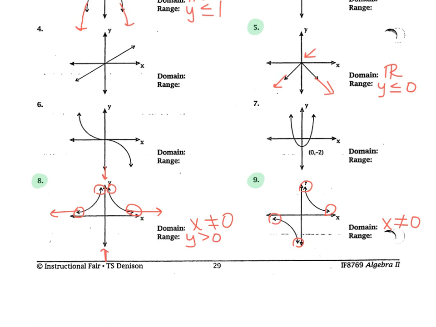Notice here, we've got a branch that's going to keep getting closer and closer to 0. Here we've got a branch that's getting, from a y perspective, closer and closer to 0, but it's never going to become 0. But notice we have both positive y values and negative y values. On number 8, we only have positive y values. On number 9, we have positive y values and negative y values. So our range is going to be y can be anything except 0.